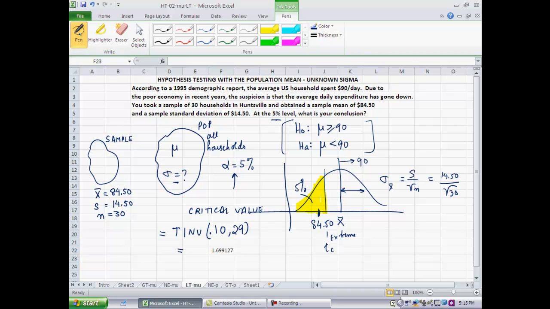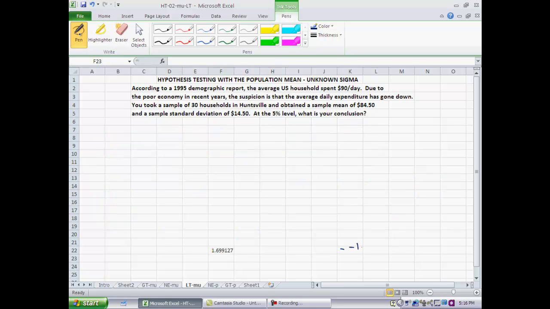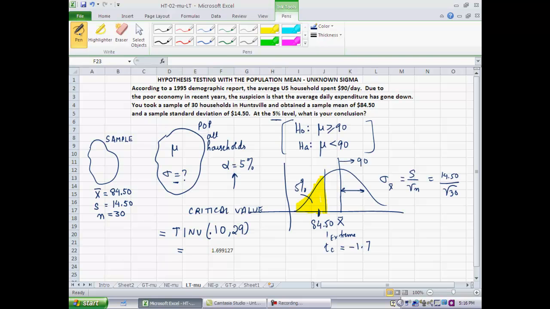Okay, so I know that my t critical is equal to minus 1.7. So what we are saying is I will consider any value of the sample statistic to be critical enough if it is more than 1.7 standard deviations to the left of the mean. So this is my threshold.